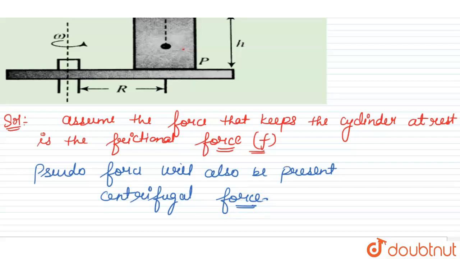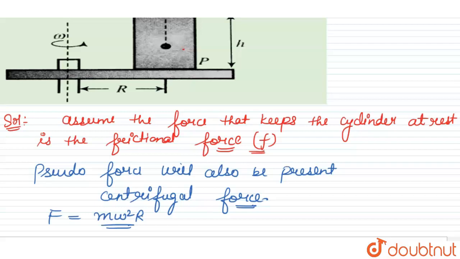Okay, centrifugal force, also known as the pseudo force, will be acting on the cylinder when the disc rotates. Now the value of this centrifugal force will be F equals m omega square r. Here r is the distance from the axis of rotation to the center of the cylinder, and omega is the angular velocity with which the disc is rotating.